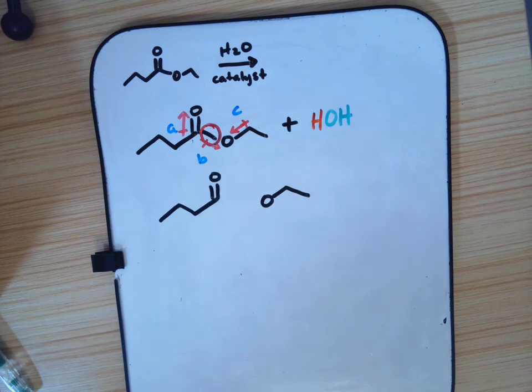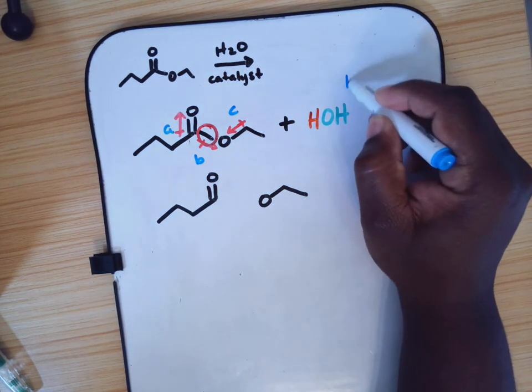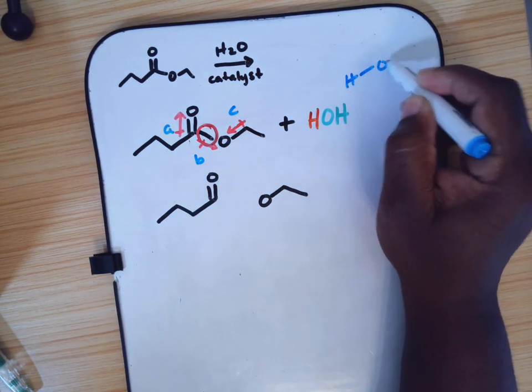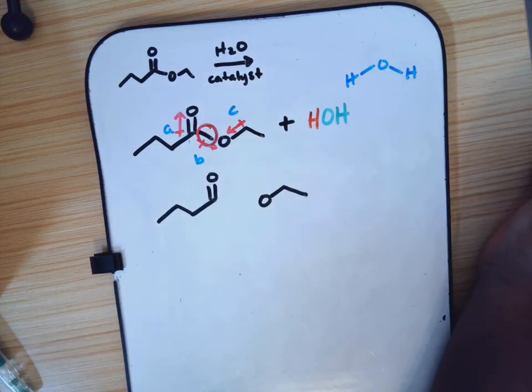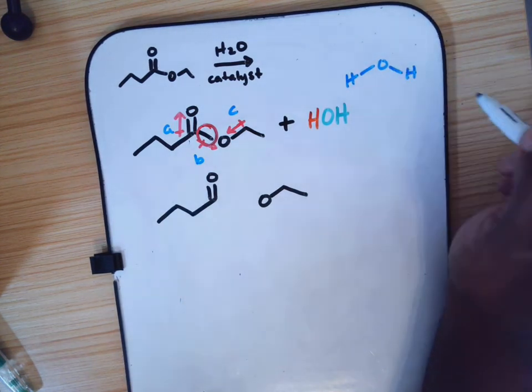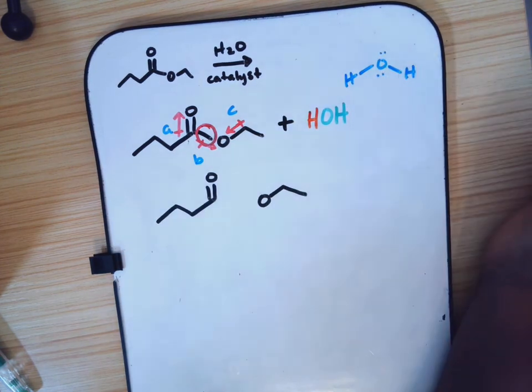So H and OH. Oxygen is the second most electronegative atom, period. That means that oxygen is able to attract electrons. If I were looking at the actual hydrogen bonded to the oxygen, which is also bonded to the hydrogen, so if I were looking at the actual structure of water, I would have this Lewis structure where I have these non-bonding electrons.